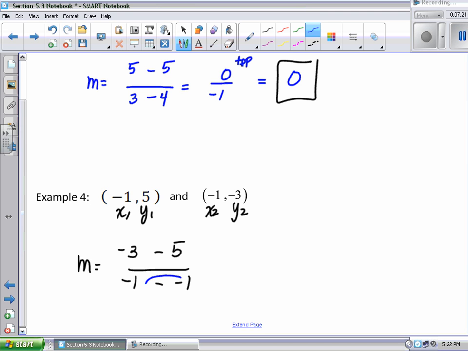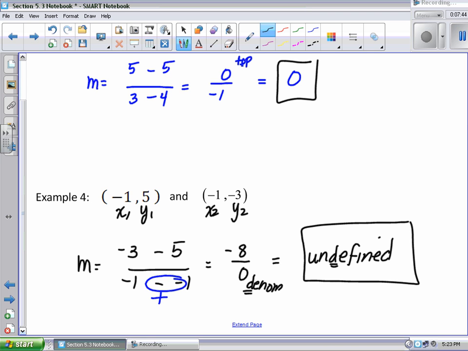Remember, minus a negative makes that plus. I get negative 8 over 0. What happens when 0 is in the denominator? This is when it's undefined. If 0 is in the denominator, undefined, there's our slope for that example.